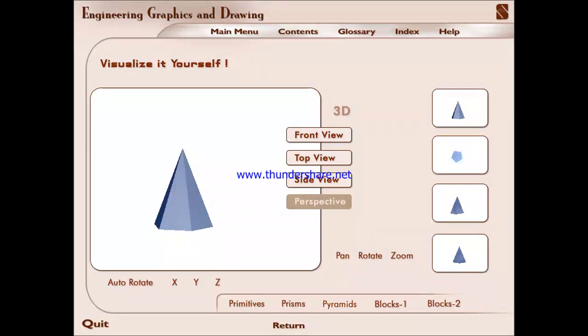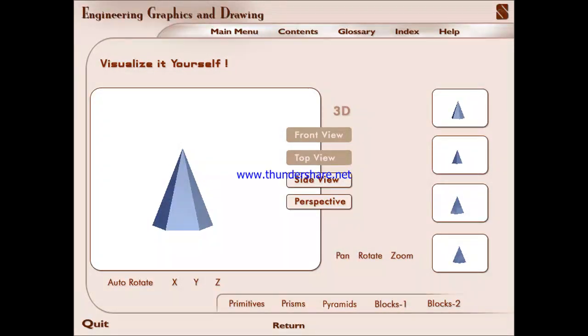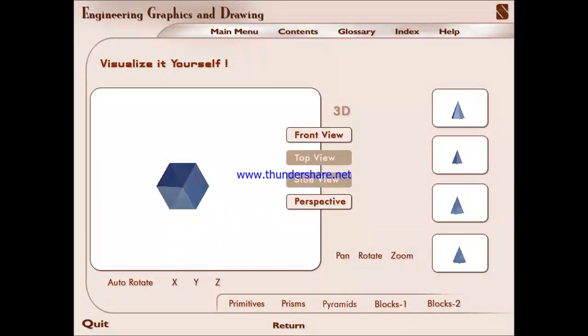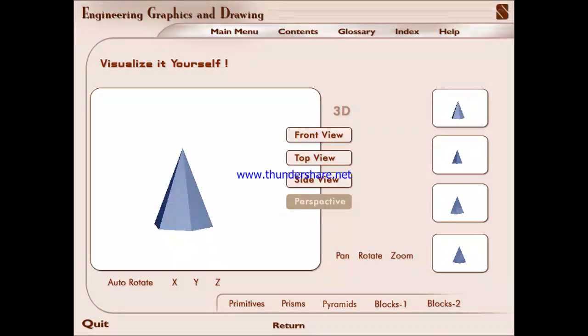Let us consider this type of figure: front view, top view, side view, perspective view.